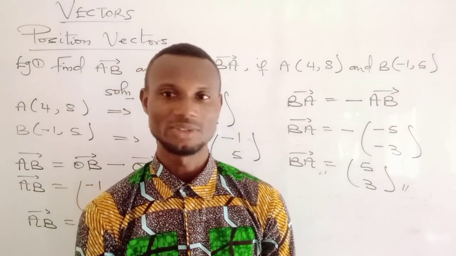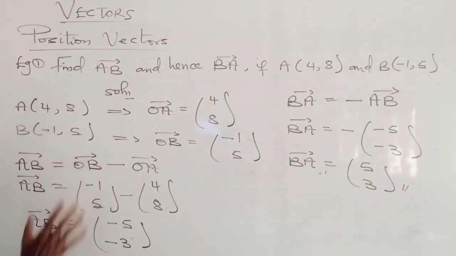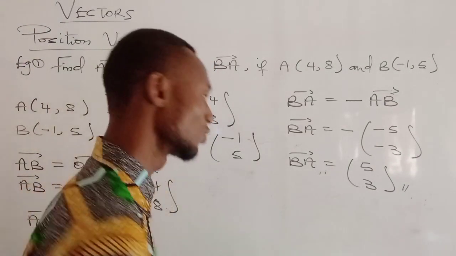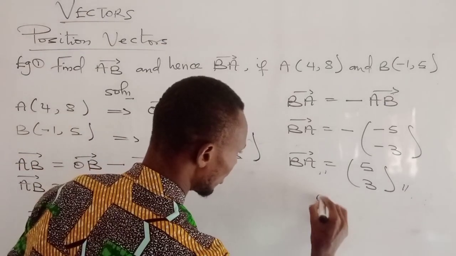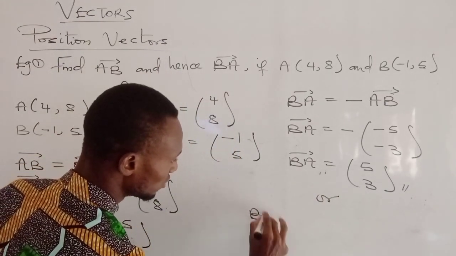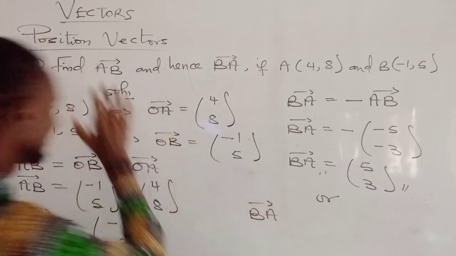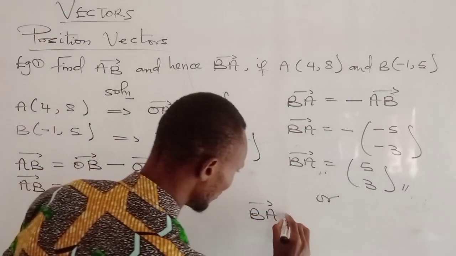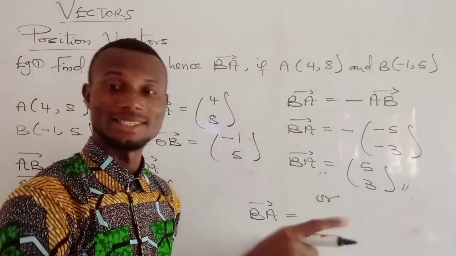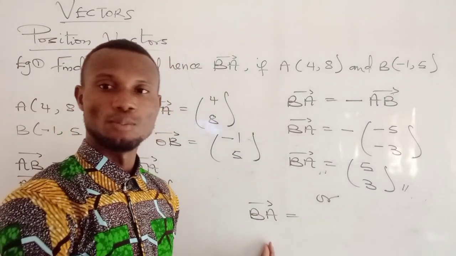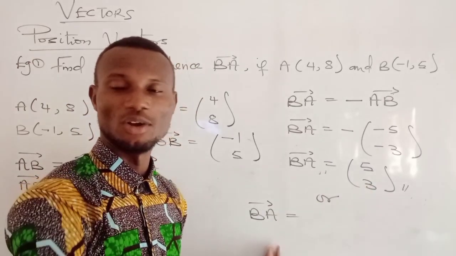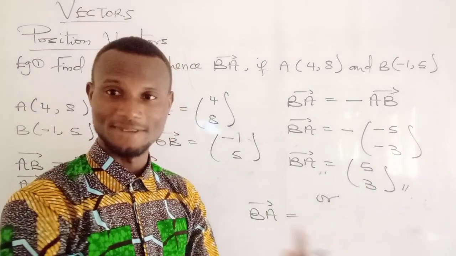Now, if you go through the approach that we used to find the AB here, you get the same answer. So someone can choose either one. So now, if I want to go by this approach, my BA will be equal to, as I explained to you, to get BA, it is simply the position vector of the last letter minus the position vector of the first letter.